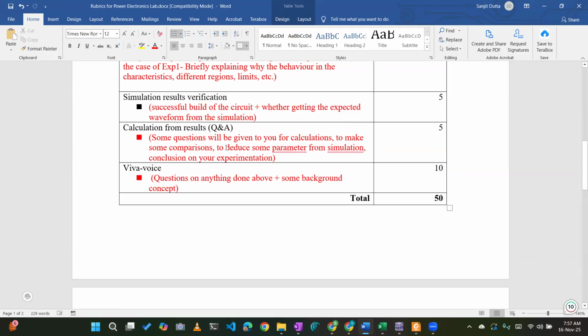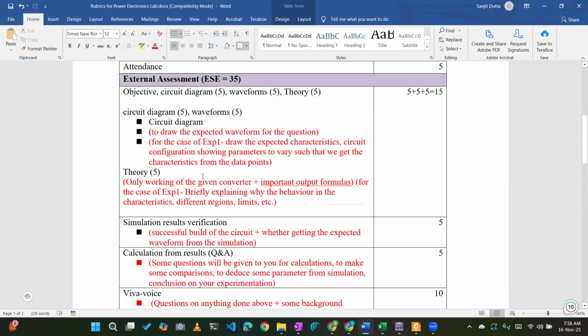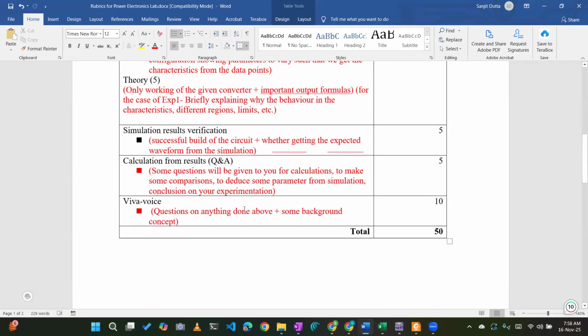Then some other observations: with RL load, your output voltage was continuously reflecting, and you had a negative voltage component in the output voltage, and the SCR was conducting for longer. The conduction angle was 10 millisecond with RL load, and with R load it was 7.5 millisecond. So these basic things can be there in the questions on your simulation results. Done.